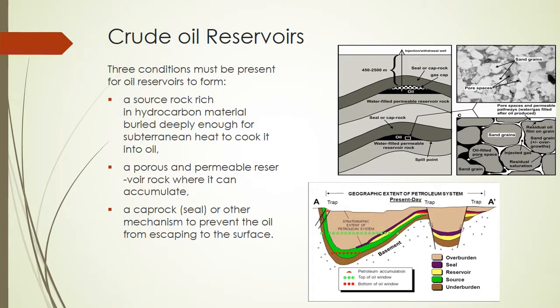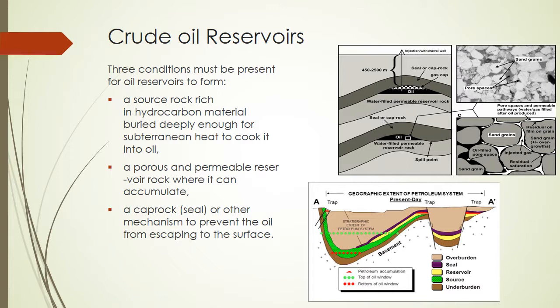Crude oil reservoirs: three conditions are a must for an oil reservoir to form. A source rock rich in hydrocarbon material must be there, buried deeply enough for subterranean heat to cook it into oil. A porous and permeable reservoir rock must be there, able to trap that cooked oil so it can accumulate.